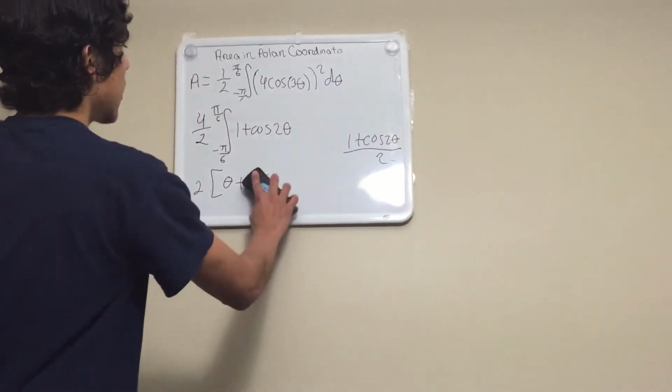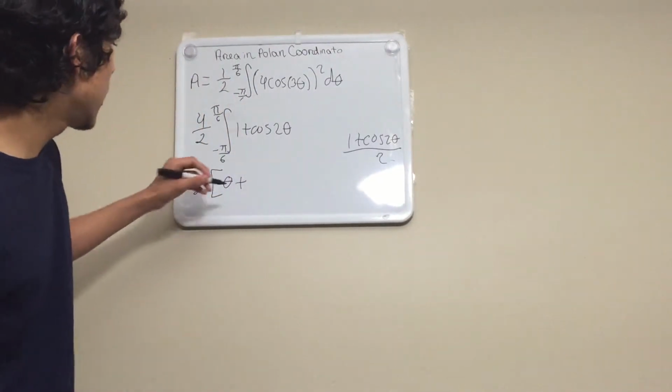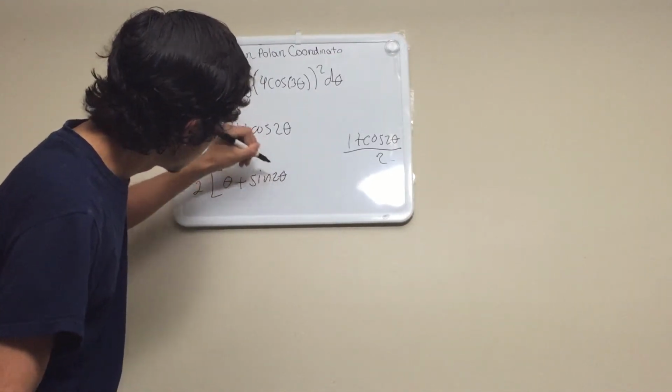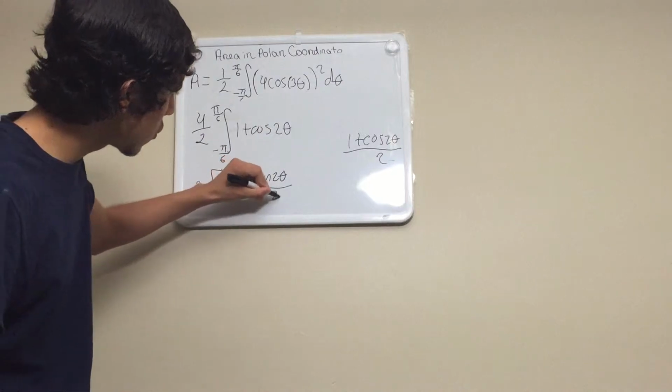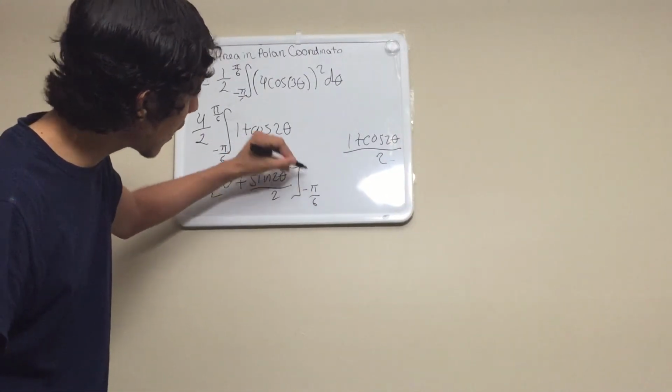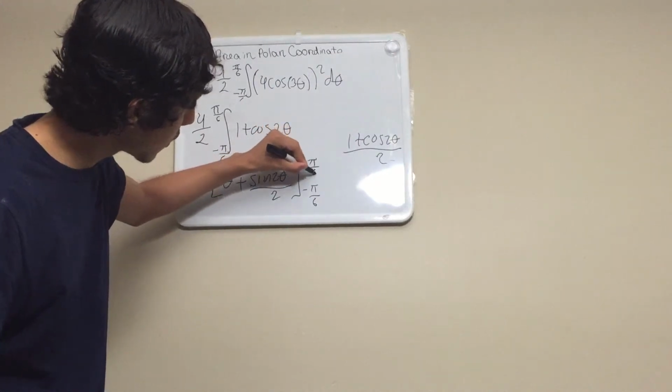It's sine, because it's the antiderivative, so it's sine 6 theta over 6, from negative pi over 6 to pi over 6.